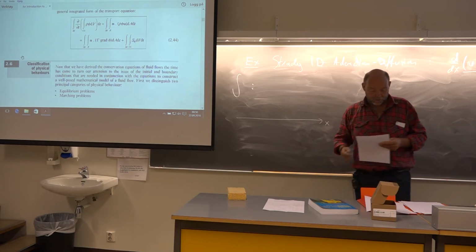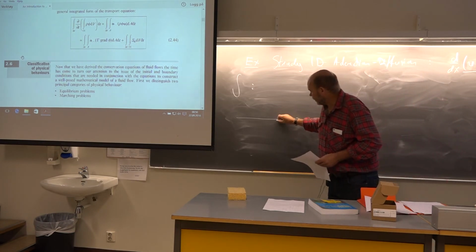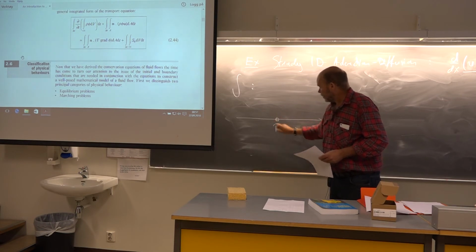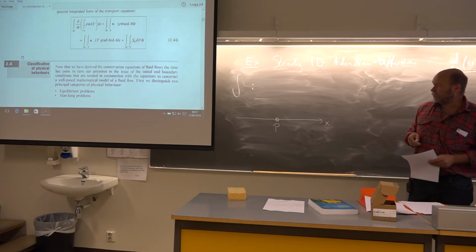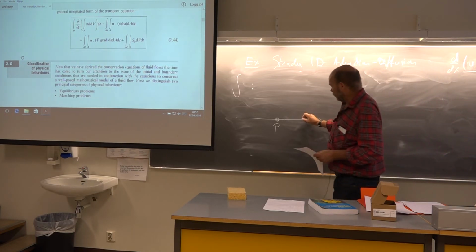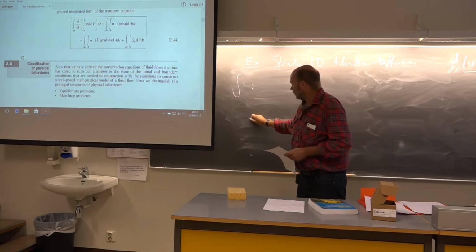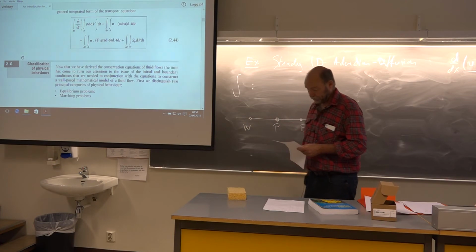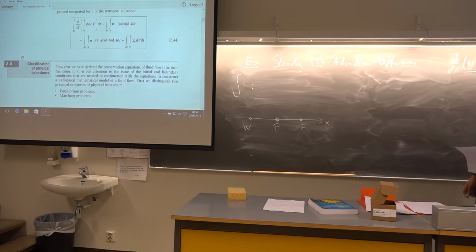So now we have to create a discrete world. So the standard notation is the center point P that we are focusing on, and then we are talking east, west, and north and south. East and west. At these locations I will have my unknown phi.